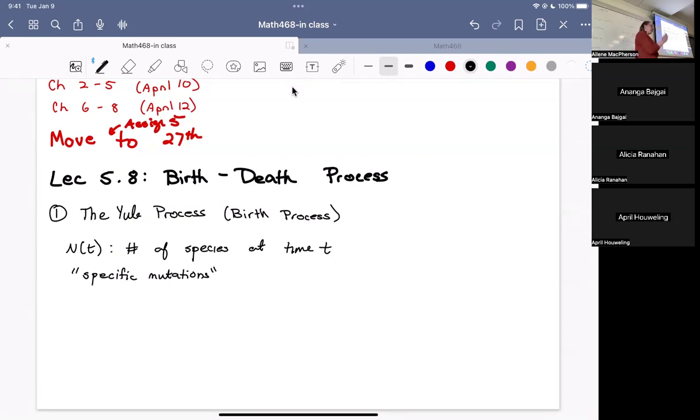Like, okay, this is a hooded merganser and this is a common merganser, and they'd say, oh, these are different species, right? So he called these specific mutations, and he was interested in the arrival of specific mutations in the process. He modeled this as events occurring at a constant rate lambda.